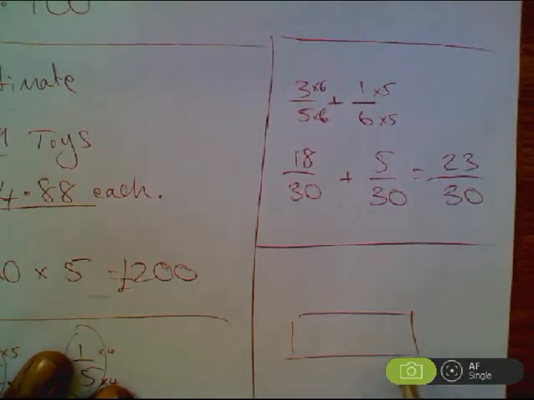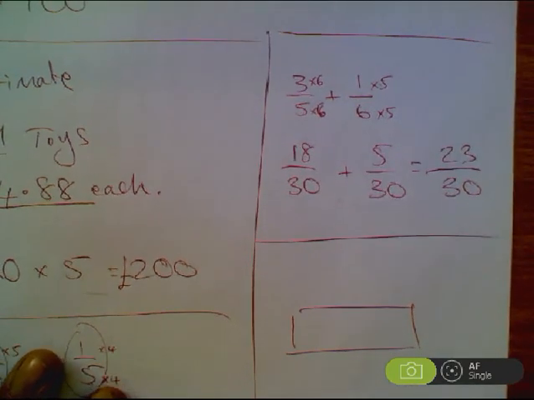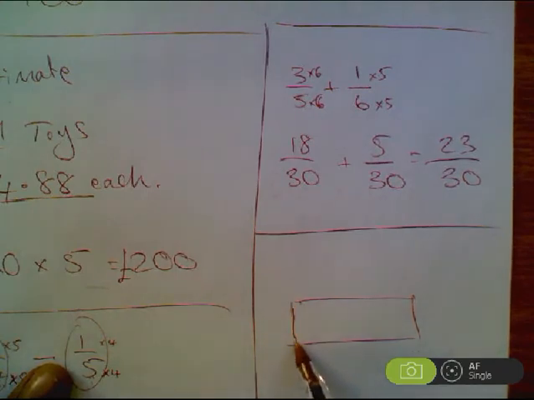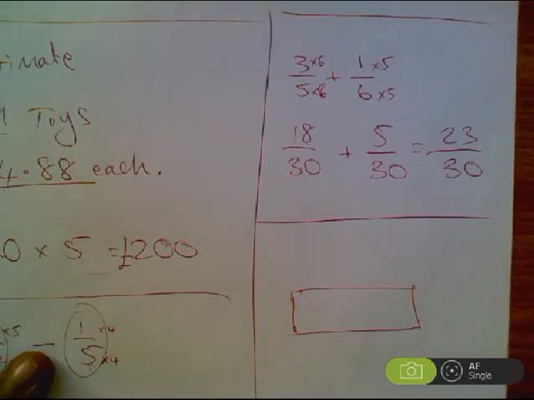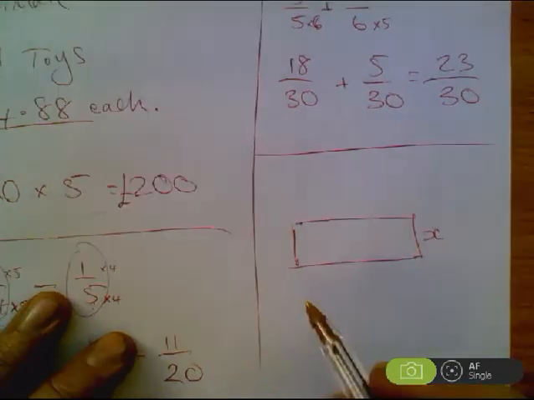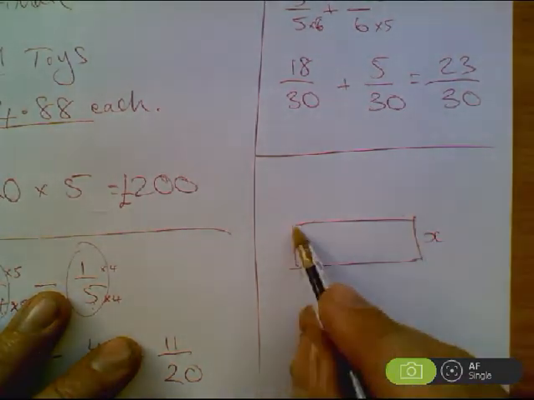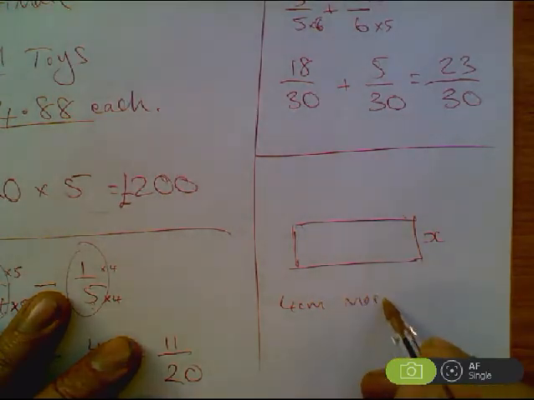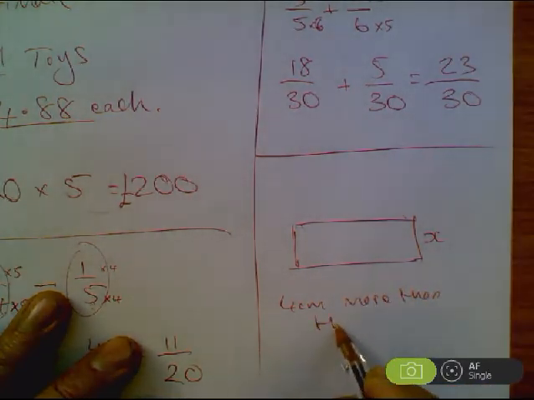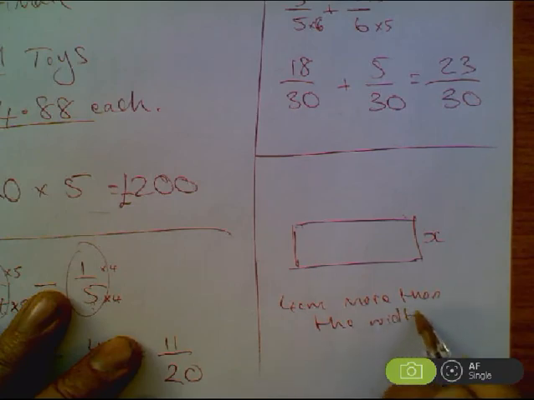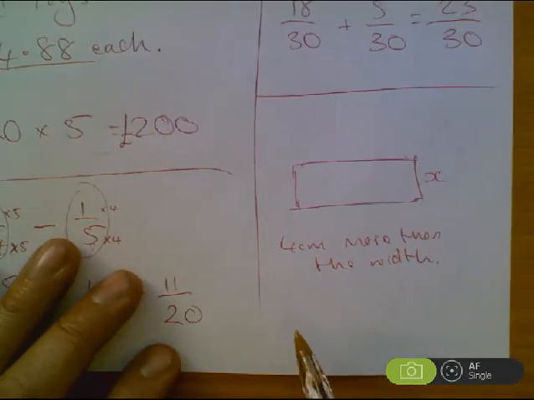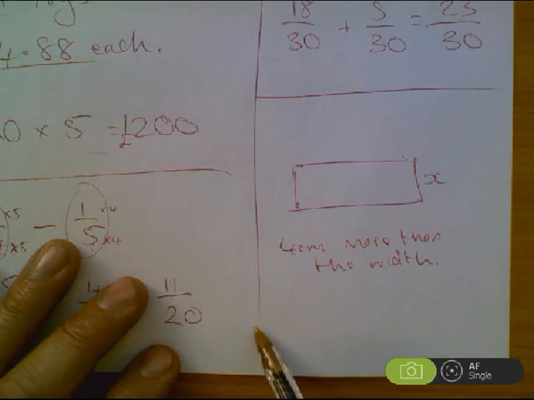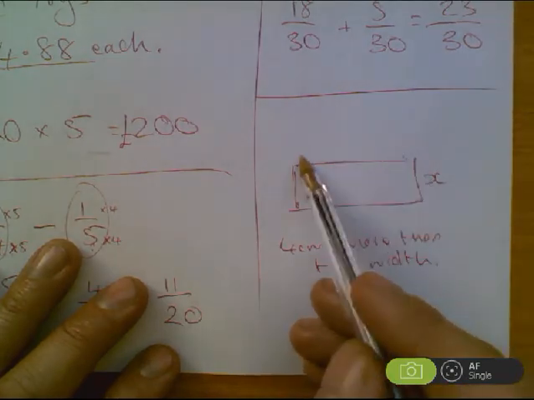Okay, a little bit of algebra, just to finish off with. If I gave you this rectangle and told you that this width here is x, and I told you that this length here is 4 centimeters more than the width, then we need to be able to write a bit of algebra for that length.